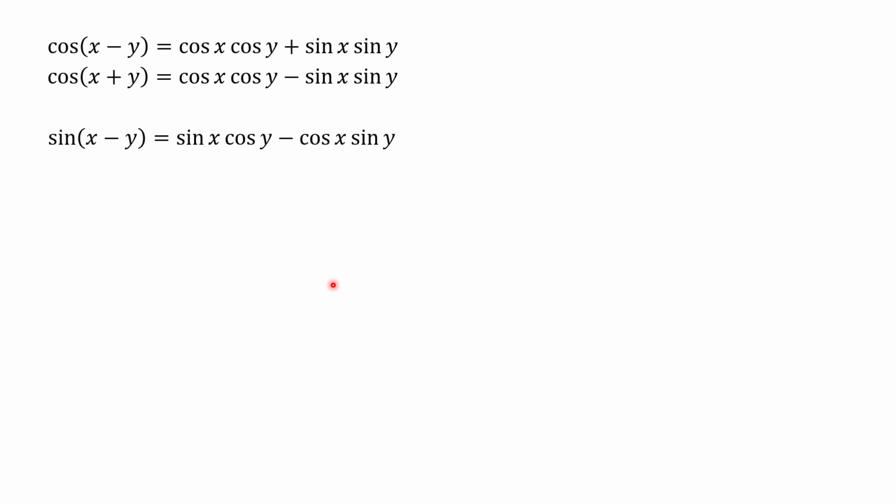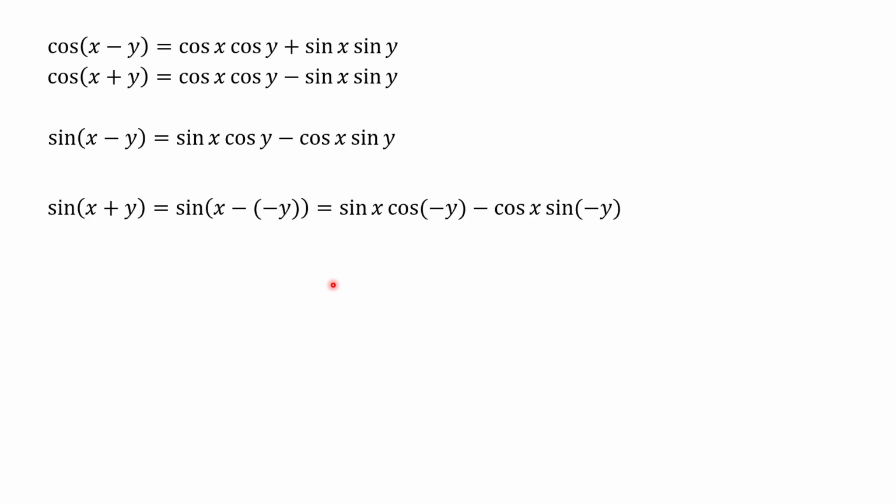Okay? Here we go. Now we want to find a sine of the sum of 2 angles. And we're going to do it in a similar way as we did for cosine, how we went from cosine of the difference to cosine of the sum. We take sine of x plus y as sine of x minus minus y. And now we're going to use the previous formula for sine of the difference of 2 angles, where we basically replace y with minus y.